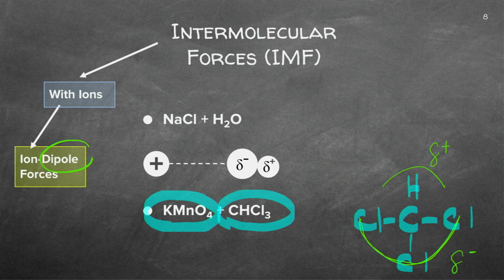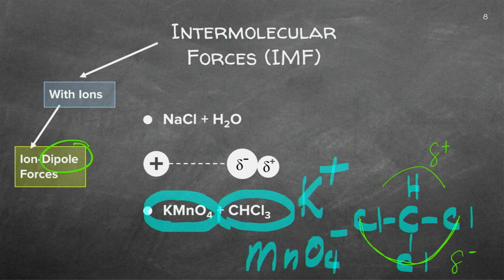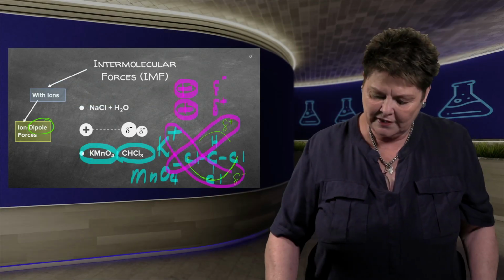So it's the dipole, and I'm bringing nearer the potassium or the permanganate. And what do you see is going to happen? Well, it's quite obvious that this plus and this minus will be adjacent to each other, and this negative will be adjacent. So it'll actually flip and turn around so that you've got the positive ion with the negative side, or you've got the negative ion and the slightly positive side. You'll always find it orientates itself.